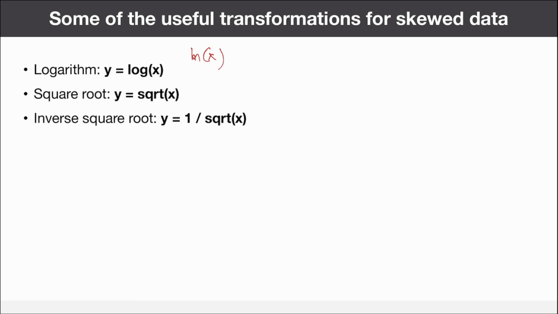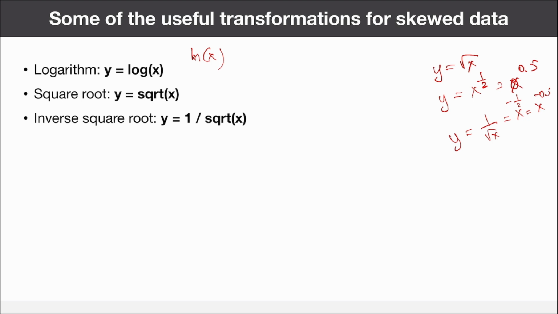Both square root and inverse square root are actually power transformations, right? If you write y equal to square root of x, it's the same as y equal to x to the power 1 over 2, or x to the power 0.5. And if you write y equal to 1 divided by square root of x, it's the same as x to the power of minus 1 over 2, or x to the power of minus 0.5. So you can see all these are kind of power transformations.